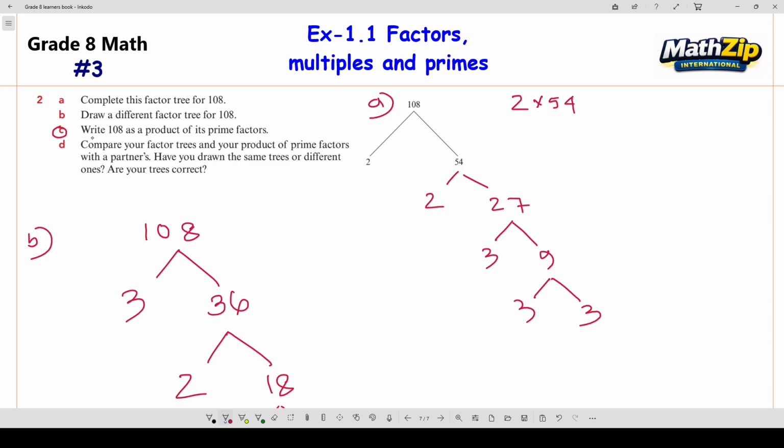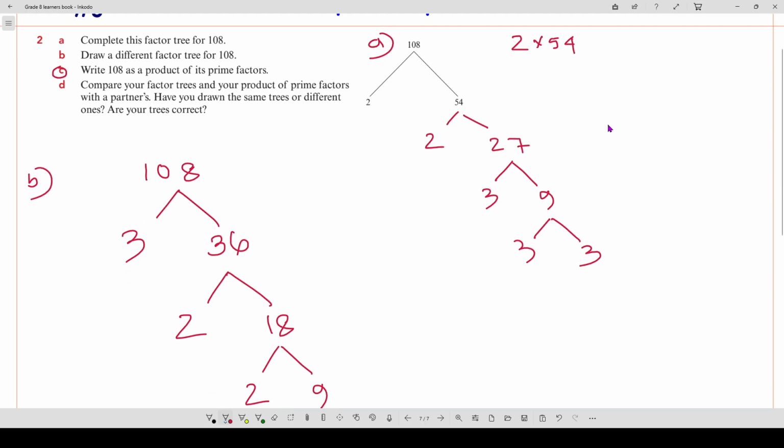Number C, write 108 as a product of its prime factors.